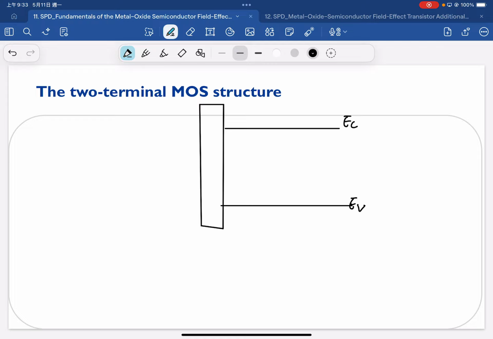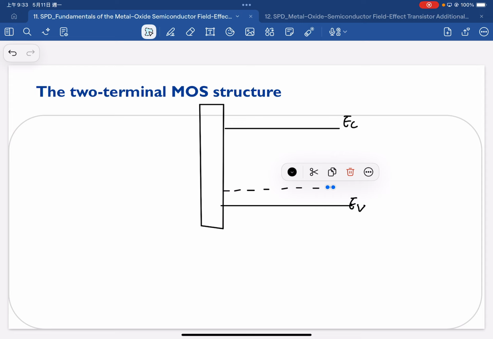Since we consider this a MOS structure on top of a p-type substrate, our Fermi energy will be close to the valence band.